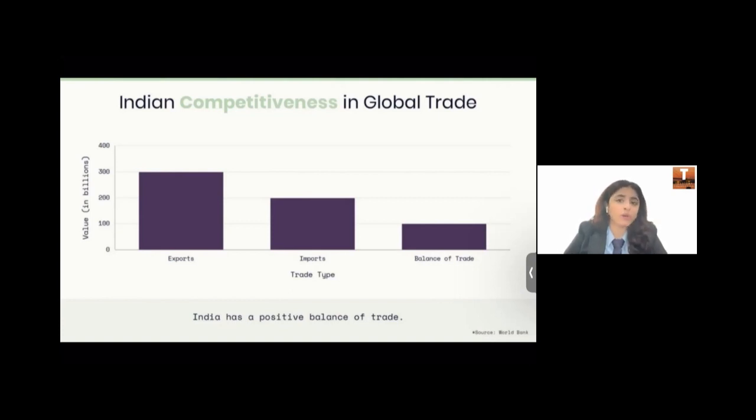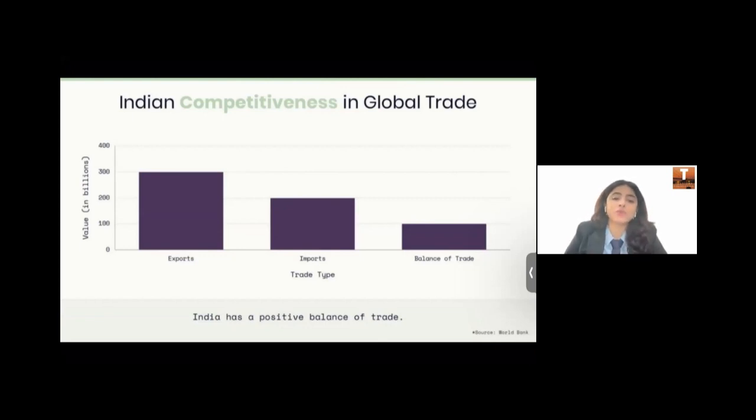India is known for its pool of skilled and educated workforce, particularly in sectors such as information technology, engineering, pharmaceuticals, and services. This skilled labor force contributes to the competitiveness of Indian businesses and enhances their ability to offer high quality products and services in the global market.